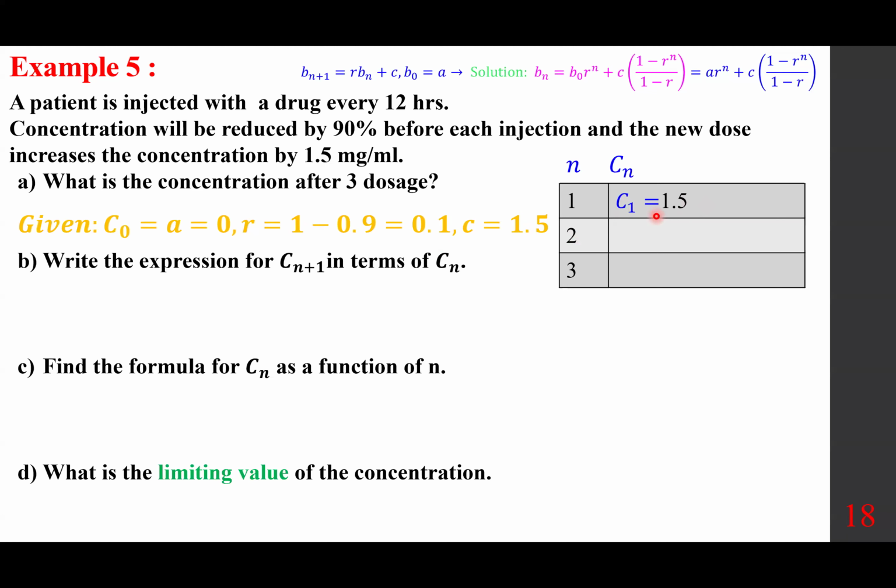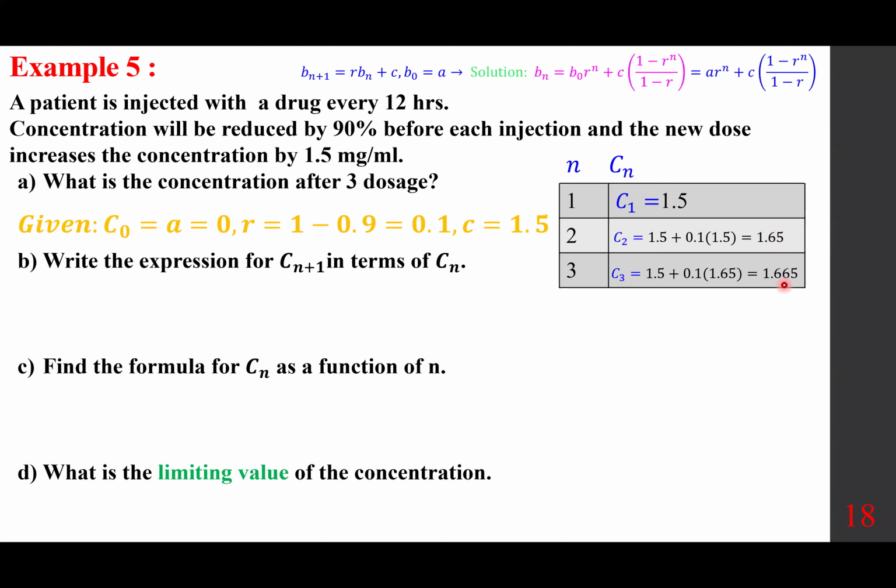So that means you add 1.5 and then 10% of this, which is 0.15, they add up to 1.65. That's the second. What about the third one? Then again, we are adding 1.5 and then 10% of the previous one. 10% of that is 0.165, and with 1.5, 1.665, and you can continue.